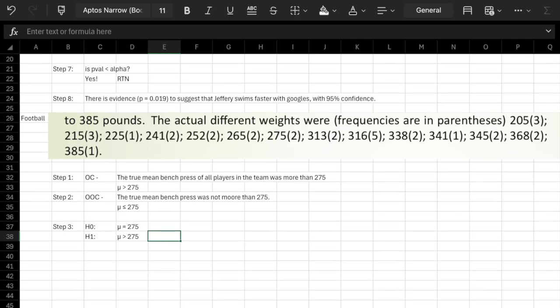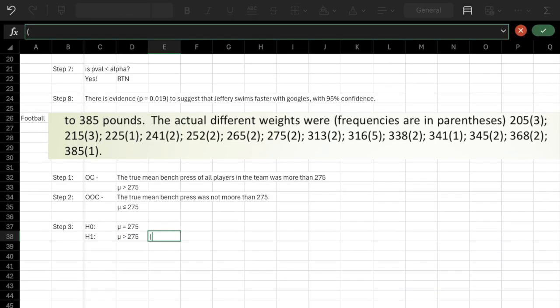Now let me do some things that'll make this easier for me later on. So what kind of a test is this? Well, it's a right tail test, right? Because the alternative hypothesis is greater than. And also, which one was the original claim? Well, the original claim was the alternative hypothesis, right? So this one here is the original claim.